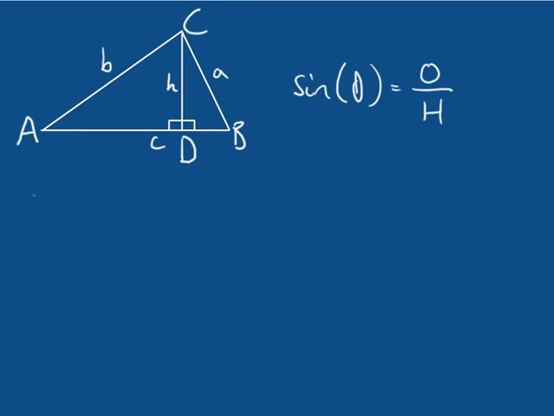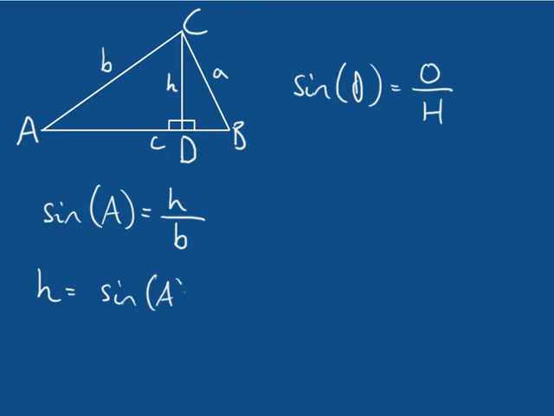So in ACD, that means sine of angle A is equal to h divided by b. We can rearrange this to find h. So h is equal to sine of angle A multiplied by b. This is more commonly written as b sine A. Fantastic. So that is our right-angled triangle ACD.